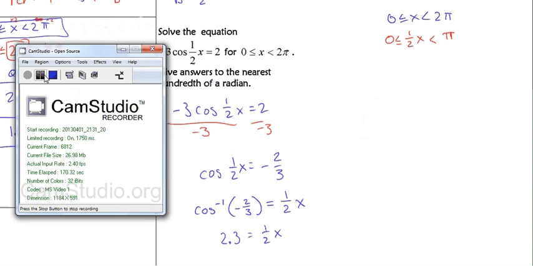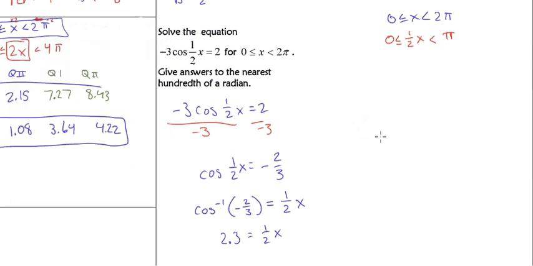Sorry, just a second. All right, sorry about that. So here we go. So 2.3 is equal to 1/2 x. And so again, remember where we talked about they would happen in the second and third quadrant. The cosine of an angle is equal to negative 2/3, both in the second and third quadrant.